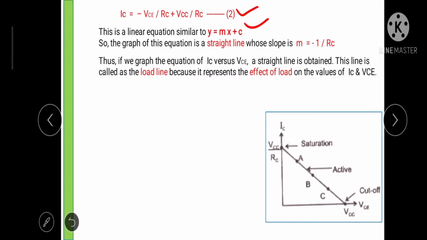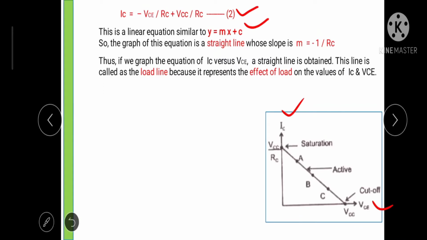Thus, if we graph the equation of IC versus VCE, a straight line is obtained. This line is called a load line because it represents the effect of load on the values of IC and VCE. Try to concentrate on this figure, where the y-axis is IC and the x-axis is VCE.